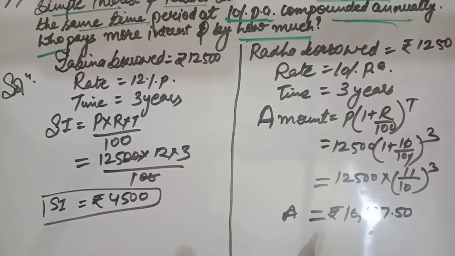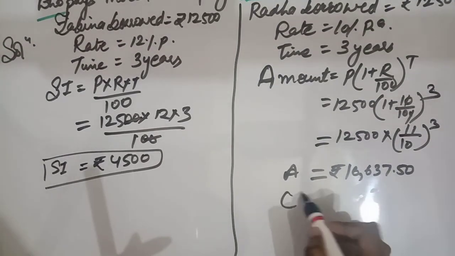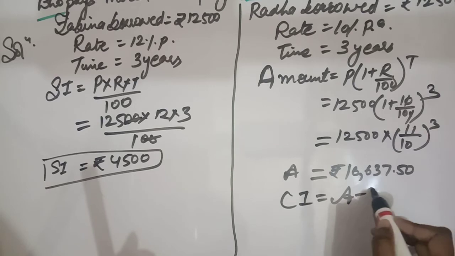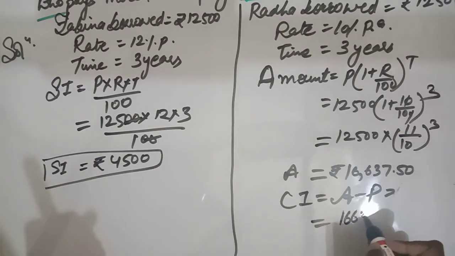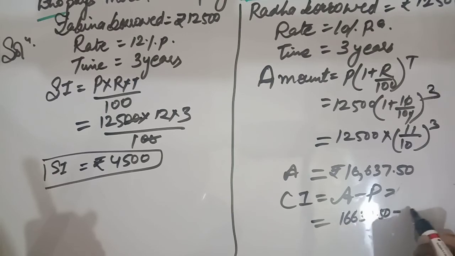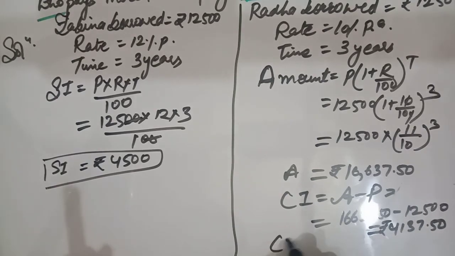Then for CI, we will subtract the principal from the amount. 16,637.50 minus 12,500 will be equal to rupees 4,137.50. Right, here the CI is 4,137.50.